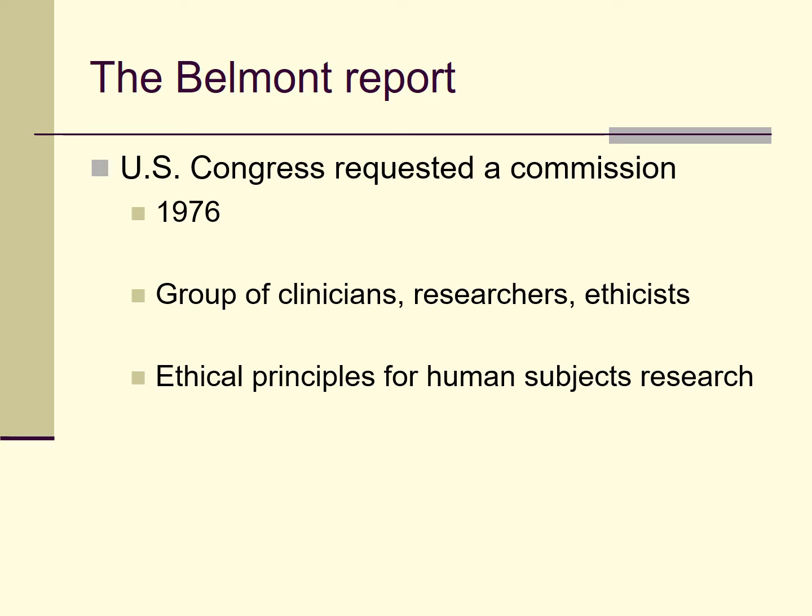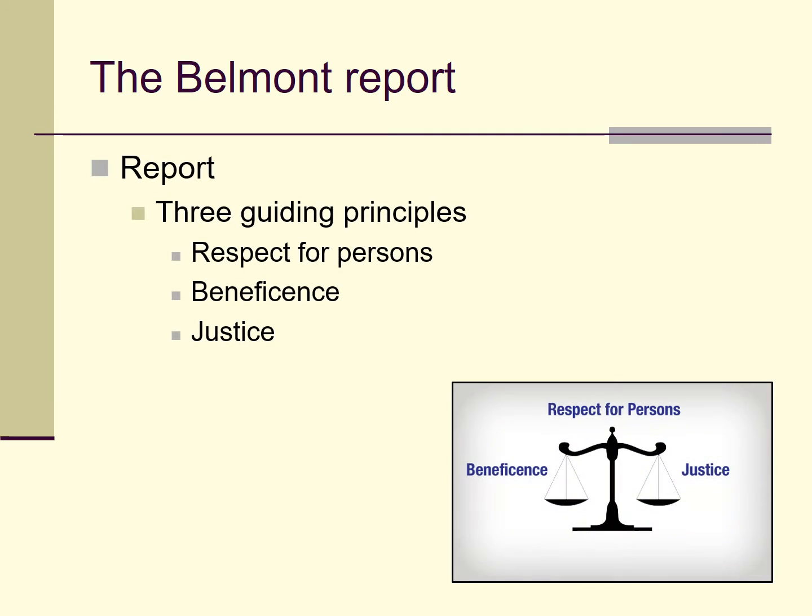It was a commission that involved a group of clinicians, researchers, and ethicists, and after deliberation, they set out principles for human subjects research. These principles are summarized in a report and really have three main components: 1, respect for persons, 2, beneficence, and 3, justice.